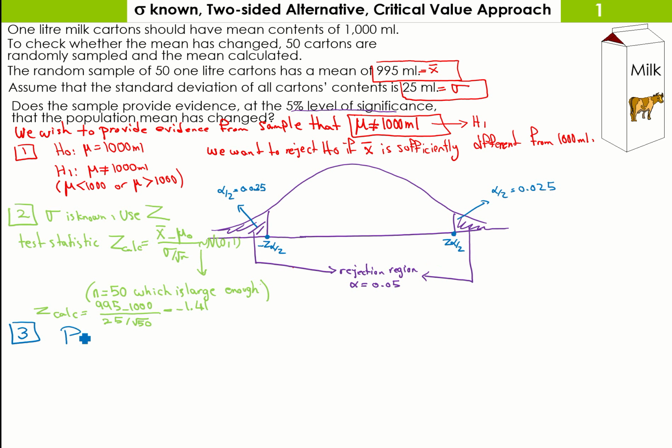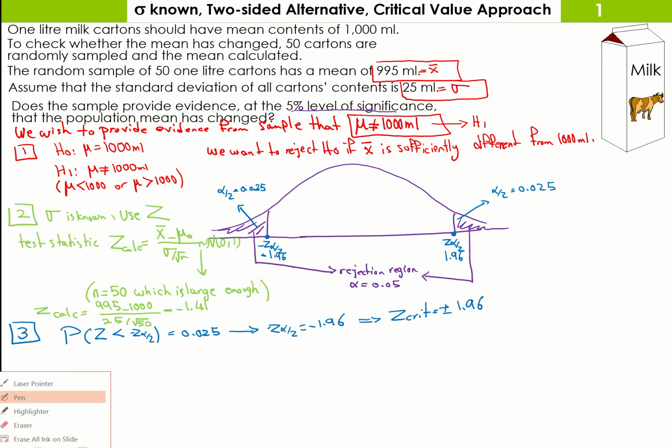So we have to find the z that the probability of z less than negative z of alpha over 2 is 0.025. If I have a look at the table, you see that the negative z of alpha over 2 is negative 1.96. So the z criticals are positive and negative 1.96. So this one is negative 1.96 and this one is 1.96.